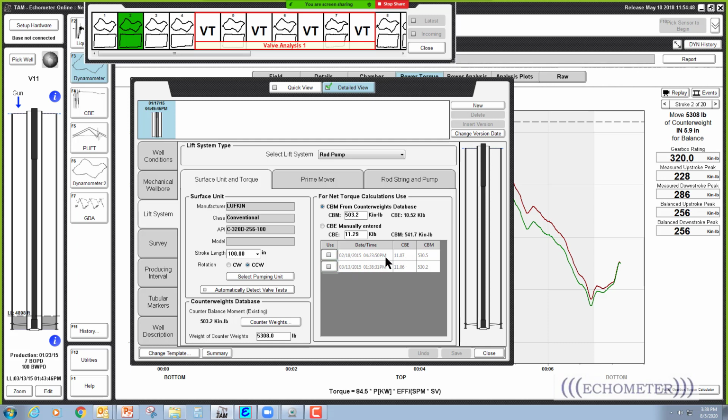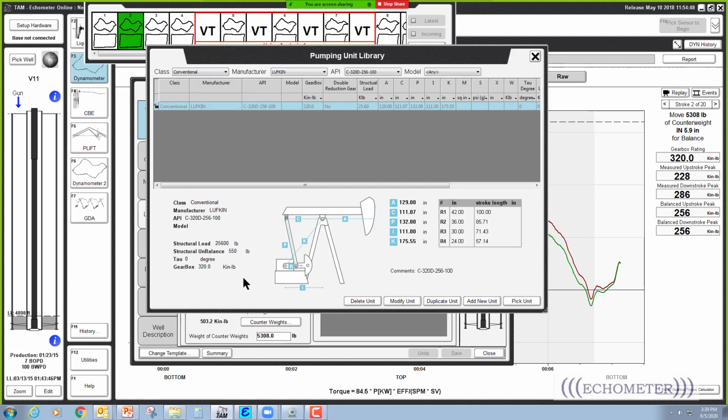And these are, we did these two, 218 and 313, and they both have about the same counterbalance effect measurement. So the first thing I want to do is click on the select pumping unit, and that goes out to the database, and it shows you the pumping unit that we've selected for this well, and it has some comments.